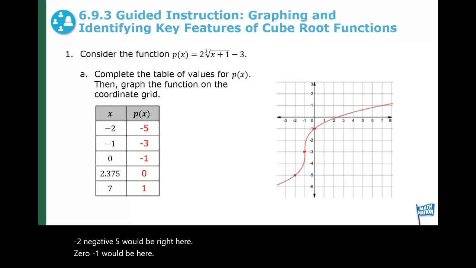And then positive 2.375 is about here, comma 0. And then 7, positive 1 would be here. And as you see, the points connected gives us a shape. And this time it did not go through the origin.